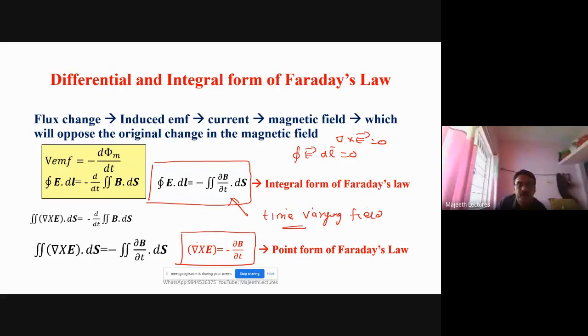Del cross E means curl. Here also you see rotation. Without this rotation, both the equations will give different meaning. I told you differential form and integral form have the same meaning. So del cross means the integration should also talk about rotation. That rotation is given by this closed integral. So from this I will explain.